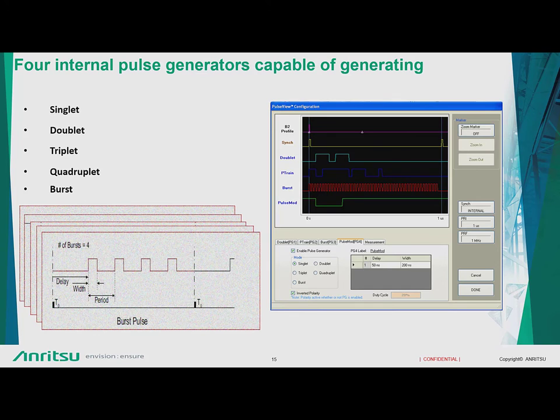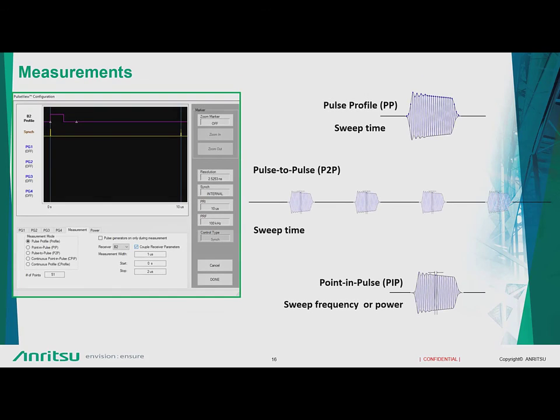On the measurement side, as I already explained, there are 3 to 4 main important measurements when you are dealing with pulses. The first one is called pulse profiling. By pulse profiling, you are sweeping time, and you can see what the characteristics of the pulse are.